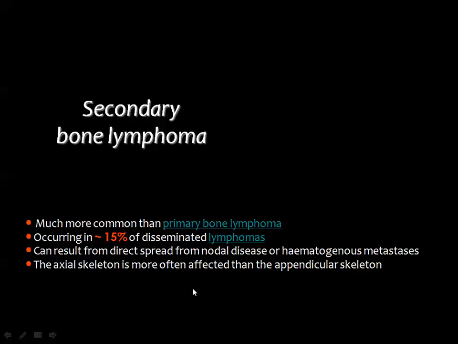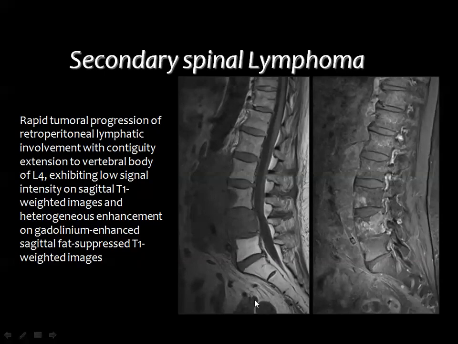The secondary lymphoma of the bone is much more common than the primary lymphomas. It affects the skeleton in about 15% of the cases of disseminated lymphoma. In this example, this is T1, and this is T1 post-contrast fat suppressed image.